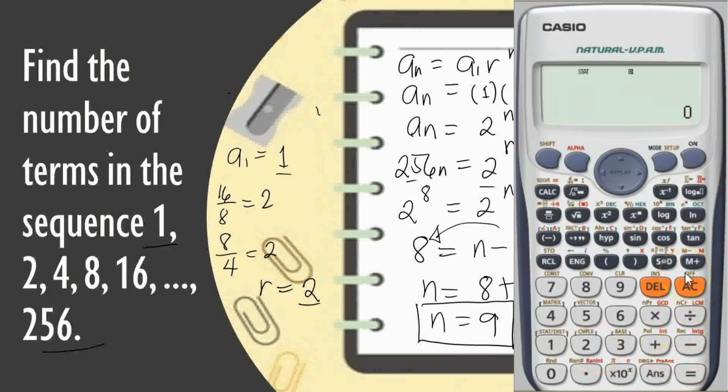And then, hanapin doon natin yung number of terms. So, hanapin natin kung pang ilan bang term si 256. So, shift 1, 5, 4. So, pang ilan kaya si 256? So, kung pang ilan siya, yun yung kung ilang terms meron tayo. So, that is 9. So, meron tayong 9 na terms.